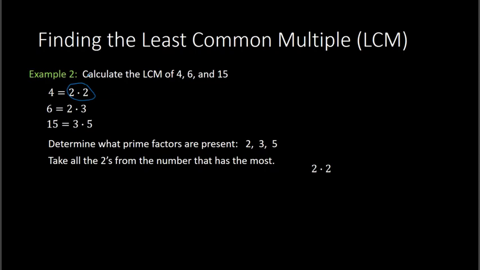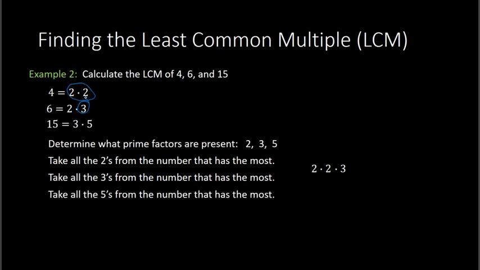So we have 2 times 2. Do the same thing with the 3's. See which one has the most. Well, it's a tie. 6 and 15 both have 1, so it doesn't matter which one we take, but the most is 1. So we take 1, 3. And then with the 5's, we see that 15 has the most 5s with one of them.